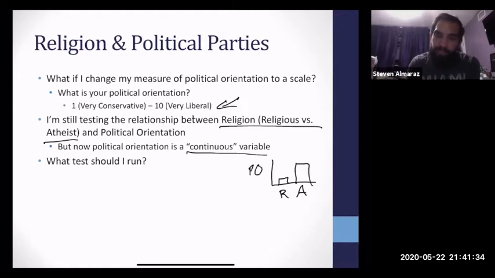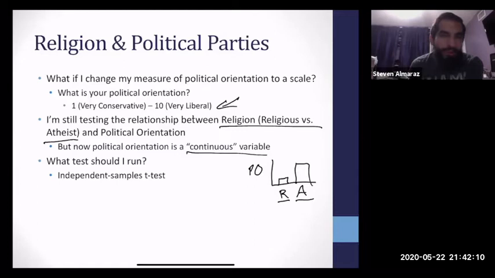This is political orientation. Now we can see that we're comparing two groups of people, religious people versus atheist people, and we want to see who scores differently. This is going to be an independent samples t-test. Not just any old t-test, but specifically an independent samples t-test because it can't be a paired samples t-test, because people are either religious or atheists, not both.